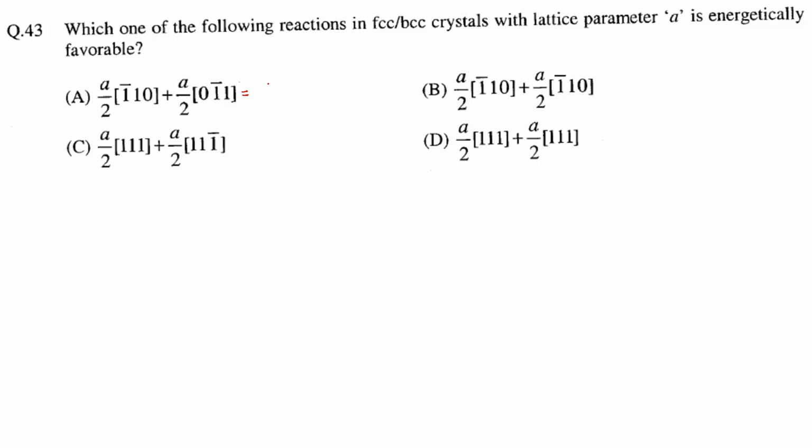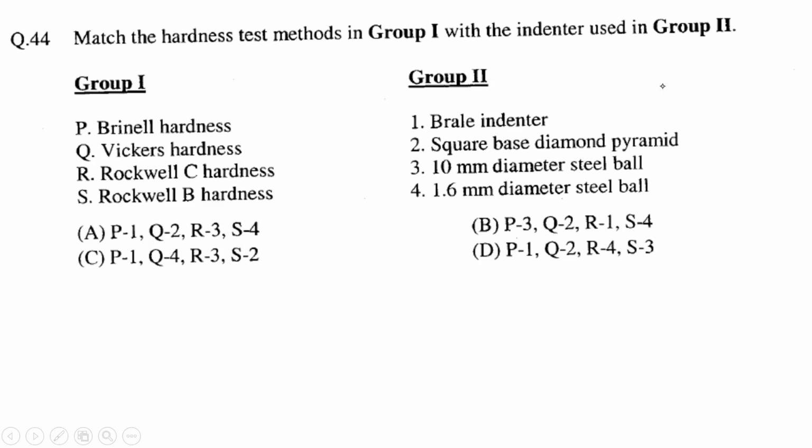It will be A by 2 [1 bar 0 1]. Here it will be A [1 1 0], right? In the case of B, it will be A [1 1 bar 1].